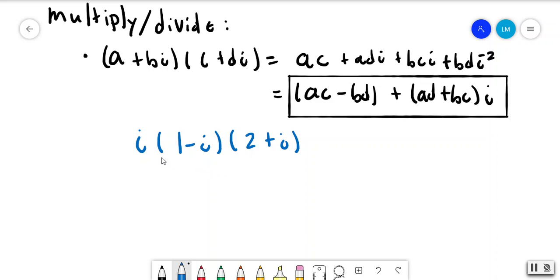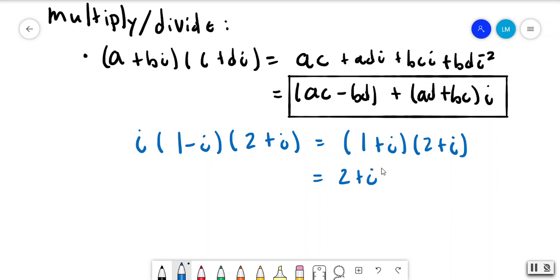In this case, I would technically have to work it out from either left to right or right to left, which means that the complex number would end up being negative i squared, which basically means 1, and then you have plus i, and then you have plus 2i. From there, it's just a process of multiplying it again using whatever method you prefer.